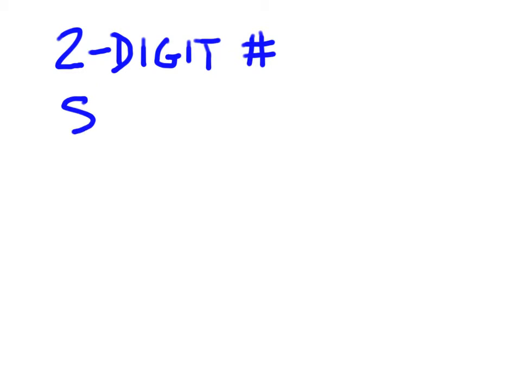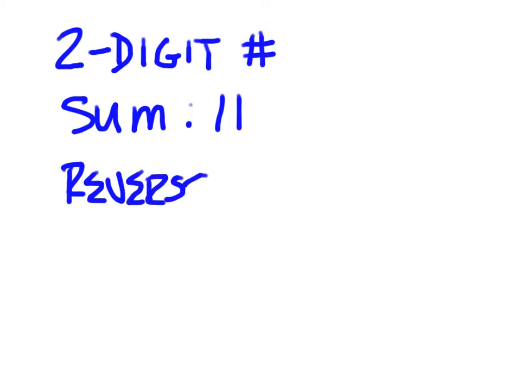I'm giving you that the sum of the digits of a two-digit number is going to be 11. When I reverse that two-digit number, for example, if I had 17 and I reversed the digits, what number would I have? 71.